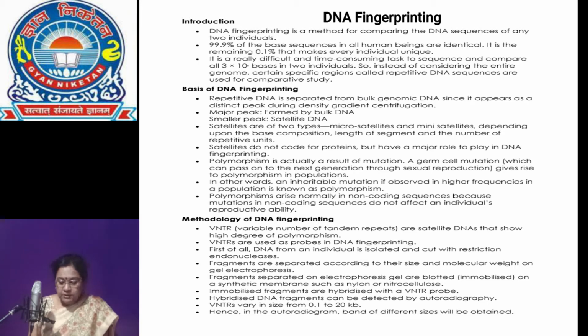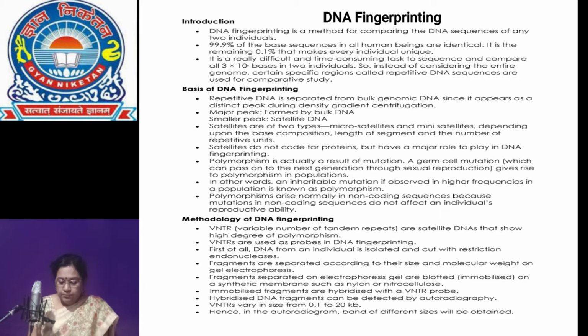The sequences which show a high degree of polymorphism, as you know, the polymorphisms are inheritable from parents to their offspring, and DNA fingerprinting is the basis of paternity testing. So, polymorphism arises due to mutations.